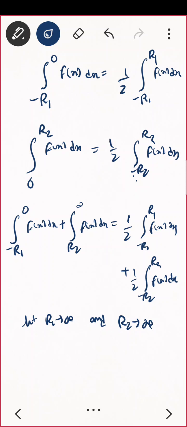Can you hear me? Hello? Yeah. So if you take r1 going to infinity and r2 going to infinity, this left hand side will be your integral from minus infinity to infinity of f of x dx.